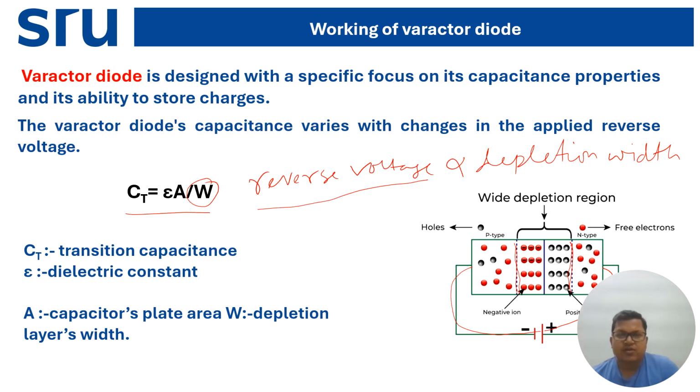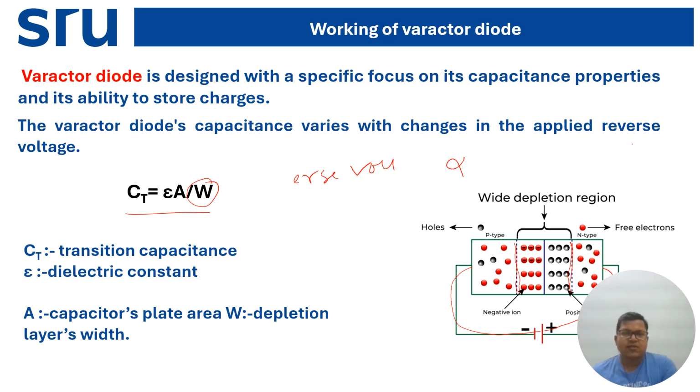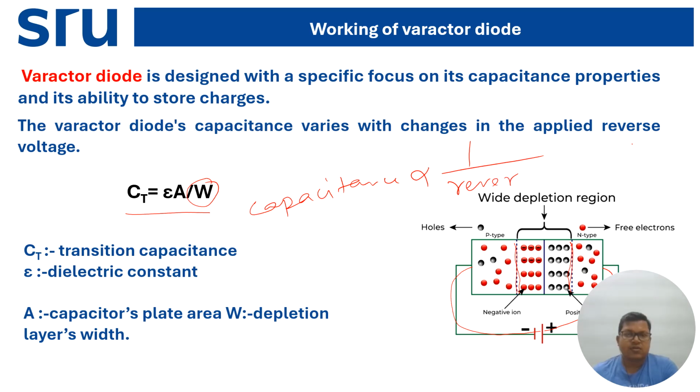So if we try to see the relation, the capacitance is inversely proportional to the reverse bias.